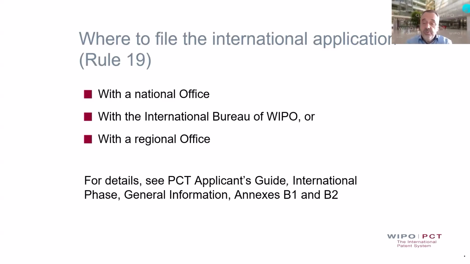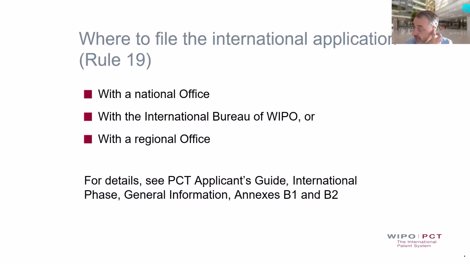But it's the applicant's responsibility to make sure that they comply with these requirements before filing with a foreign office. And the International Bureau in this regard would be considered a foreign office. So that's maybe one reason why you would want to be careful filing directly with the International Bureau if you know that you have made an invention in a particular country where there is a national law that requires you to first file with the national office.